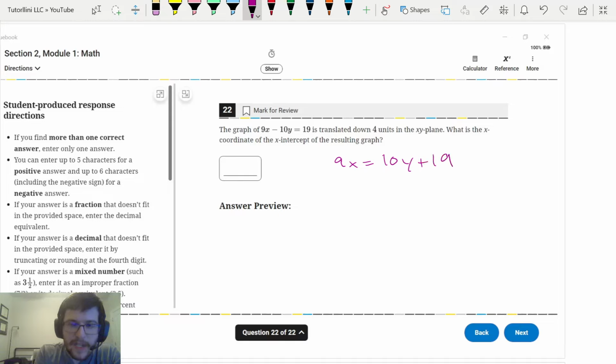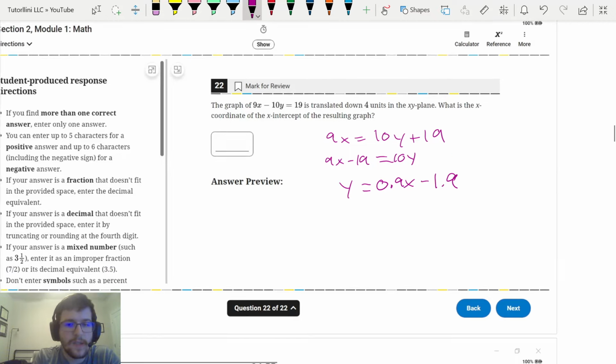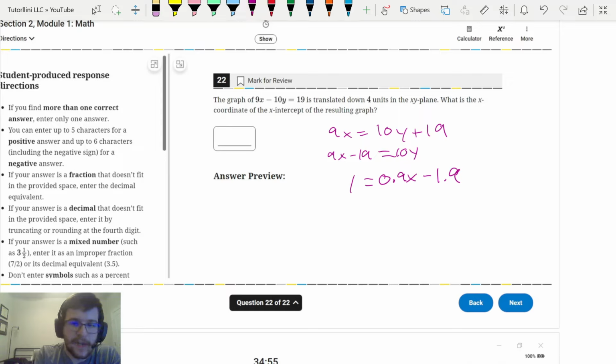Now I'm going to move 19 back over, and I get 9x minus 19 equals 10y. Now I'm going to flip it, and I'm also going to divide by 10. So that's 0.9x, and then 19 divided by 10 is 1.9. And that's f of x, let's call it.